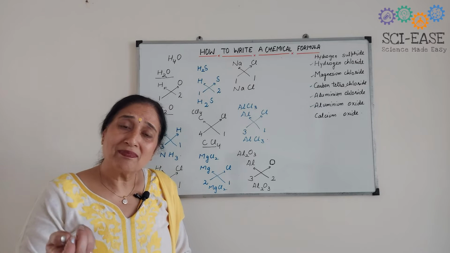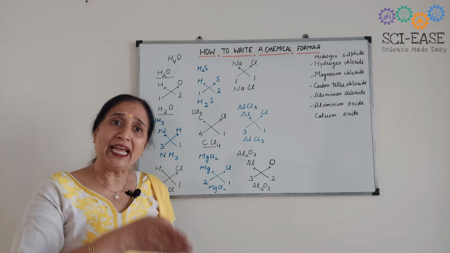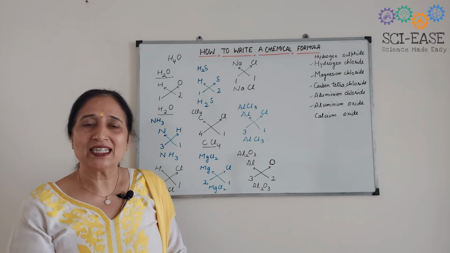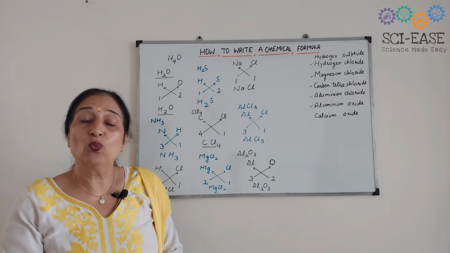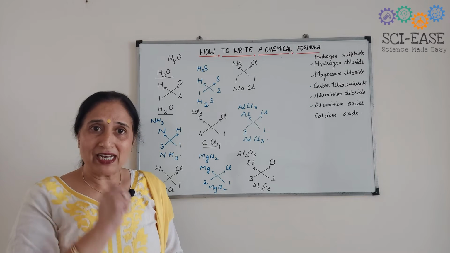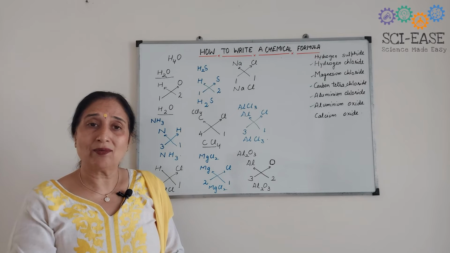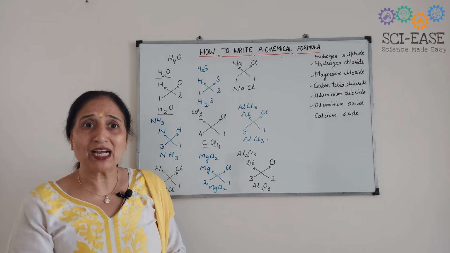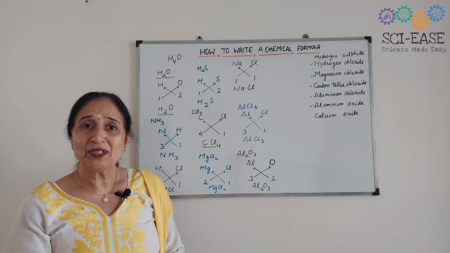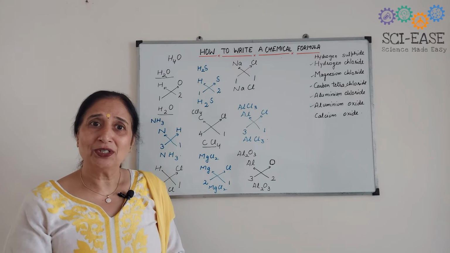You can write as many examples as you can. You can take calcium fluoride, CaF2. Why CaF2? Because calcium is bivalent and fluorine has valency -1, so the formula comes out to be CaF2. In the same way, magnesium fluoride, MgF2.